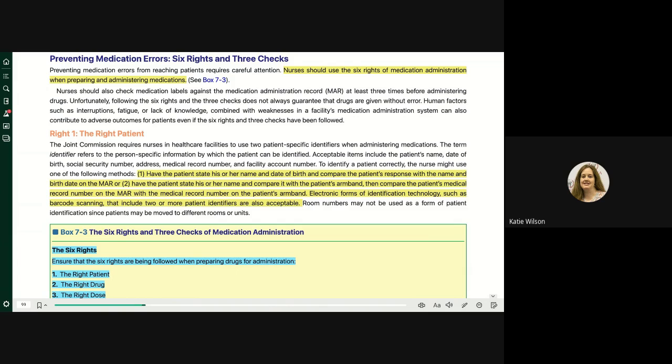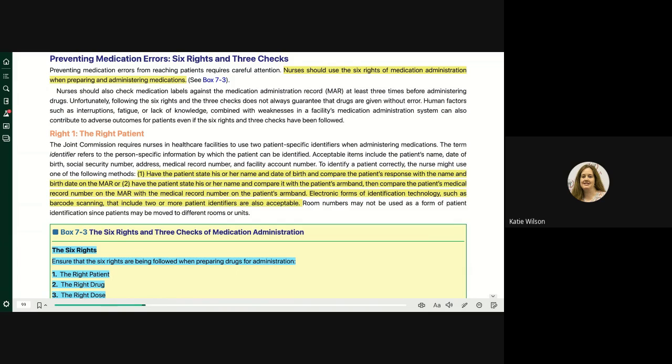So by doing all these checks, it doesn't guarantee that we're not going to make any mistakes, but it's going to greatly reduce the incident of mistakes. We're all human. Humans make mistakes, but through careful consideration and the use of these checks and reviewing the rights of medication administration, then hopefully will greatly reduce those errors.